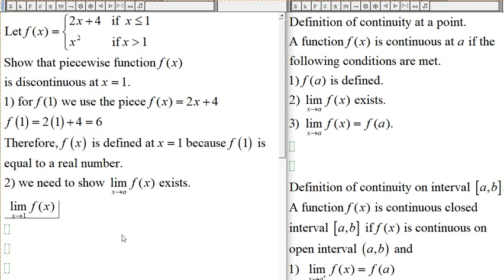And so we need to find this limit as x approaches 1 right here. Then we need to find the limit from the left of 1 and the limit from the right of 1. And so let's do the one from the left side first.